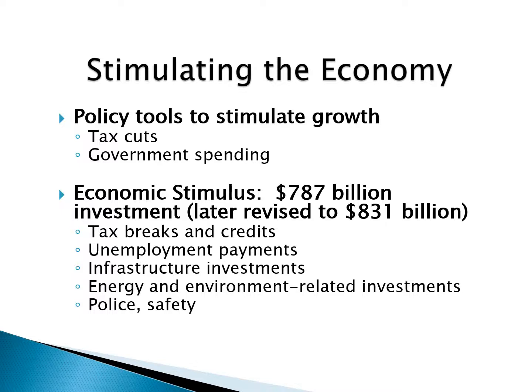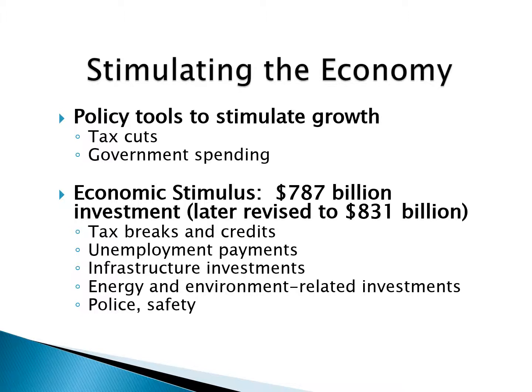The other option is for policymakers to increase government spending. During poor economic times, the government will make investments in things like infrastructure, the environment, energy. They'll create new government programs to put people back to work. Essentially, the idea is a return on investment. For every dollar the government spends, hopefully they get more back.